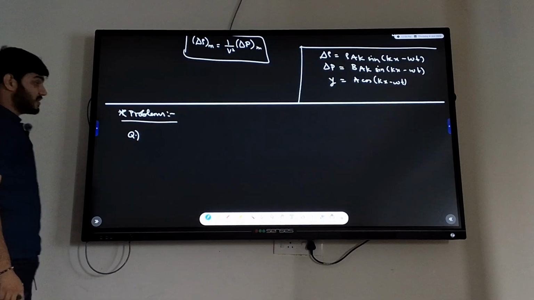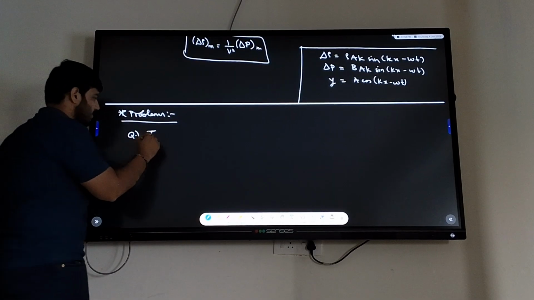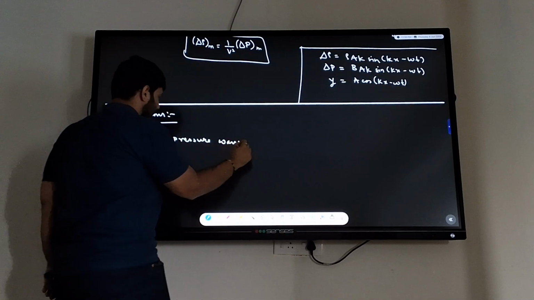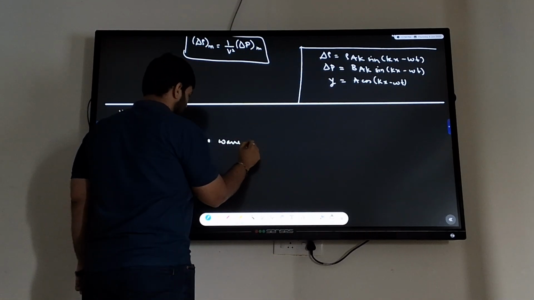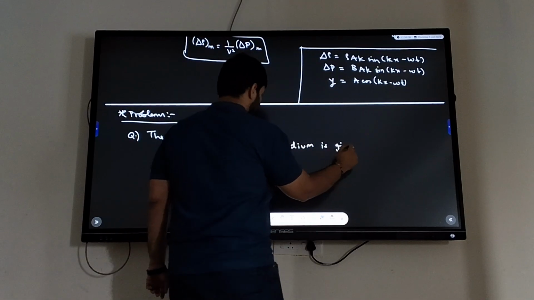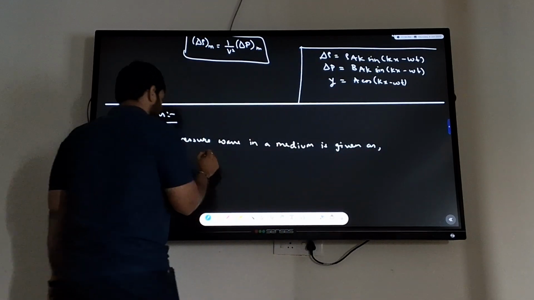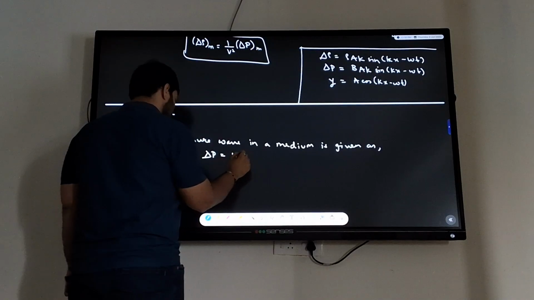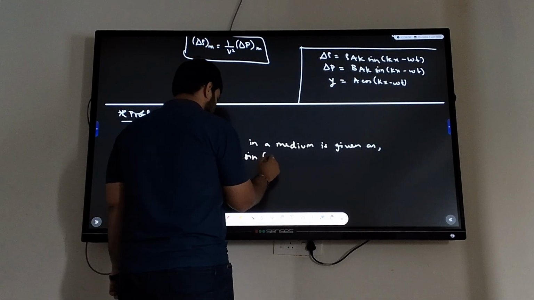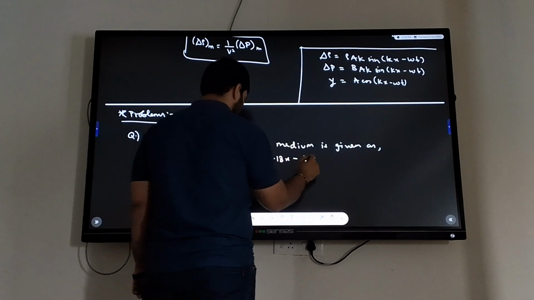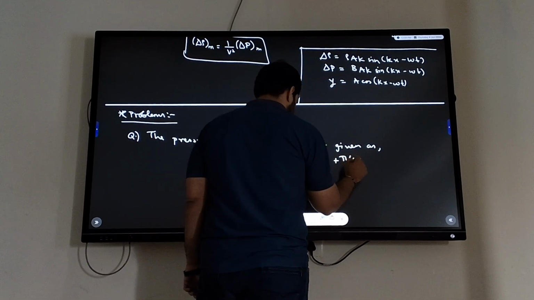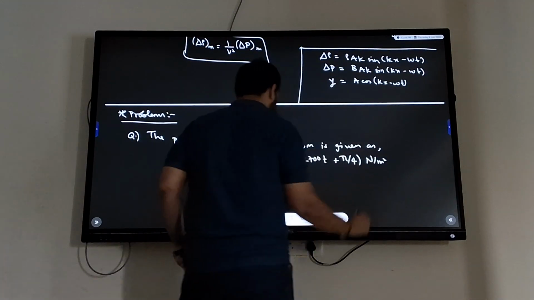Question अब मेरे टैब में है और टैब मेरे पास है नहीं, तो the pressure wave in a medium is given as delta P equals 12 sine (8.18 x minus 2700 t plus pi by 4) Newton per meter square.